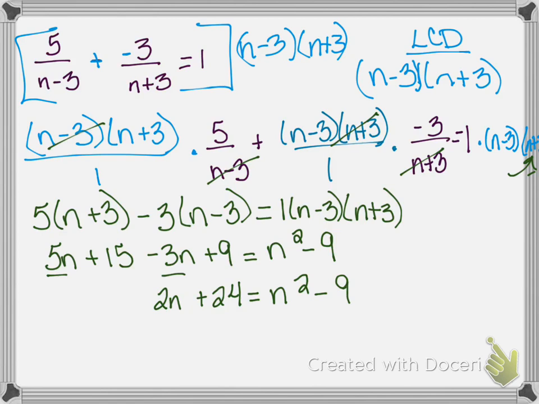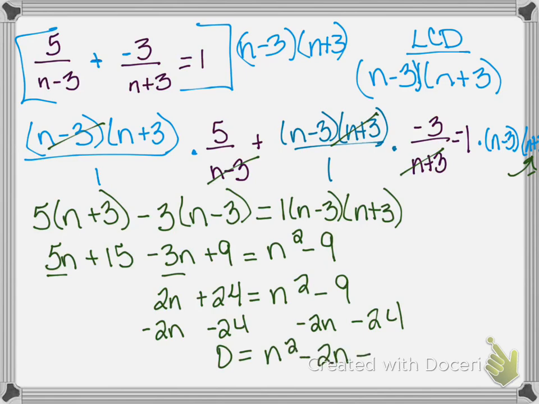So I need to move my 2n and my 24 to the left. Okay, so I have 0 equals n squared minus 2n minus what? Is that 33? Okay, do I know how to solve a quadratic?